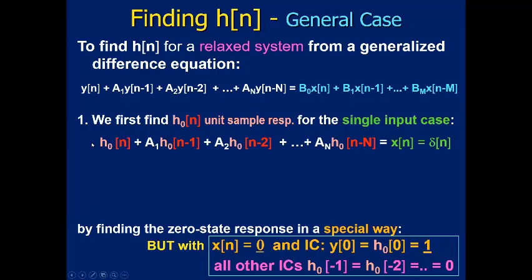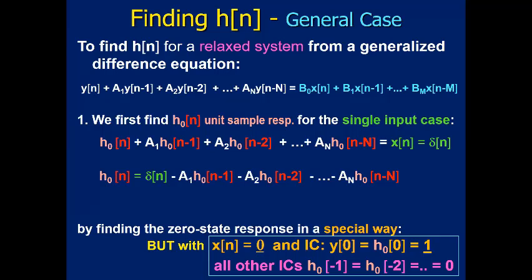And it comes back here into our single input case version of the unit sample response equation, the difference equation. If this is true, we rewrite it in the output equals a collection of inputs and previous outputs form, like we were computing it in a recursion table.